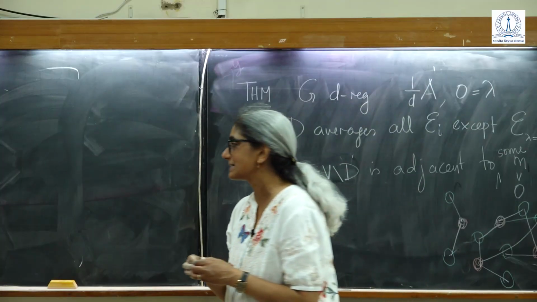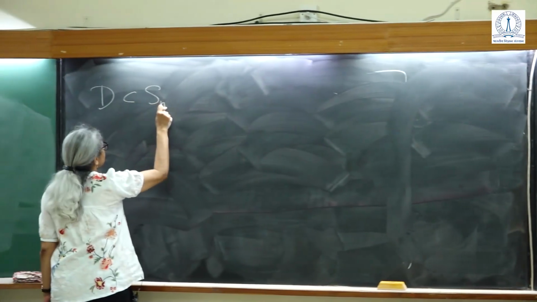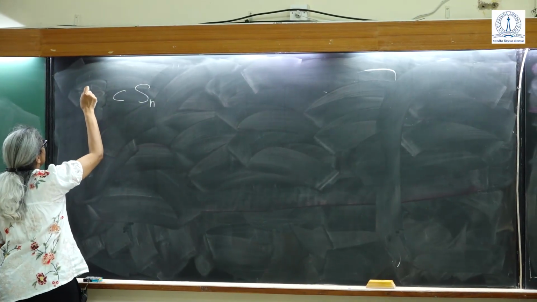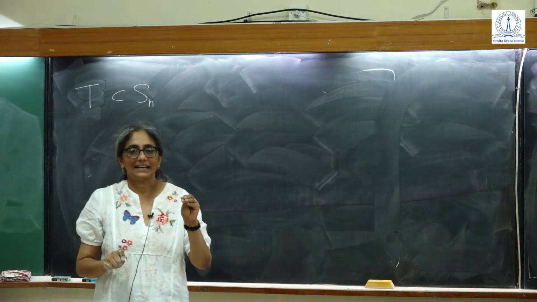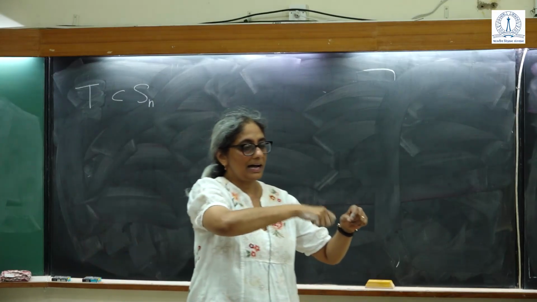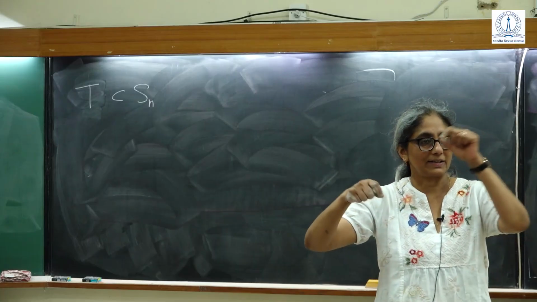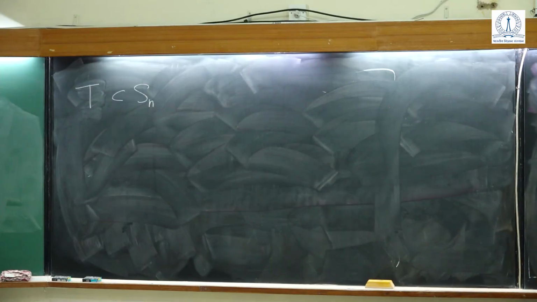What that means is it's a collection of permutations inside Sn, a subset of Sn. Let's call it T. It's a collection of permutations with the property that if you pick i1, i2, i3 up to it, and you pick j1, j2, j3 up to jt, then the number of permutations that send i1 to j1, i2 to j2, it to jt is the same.